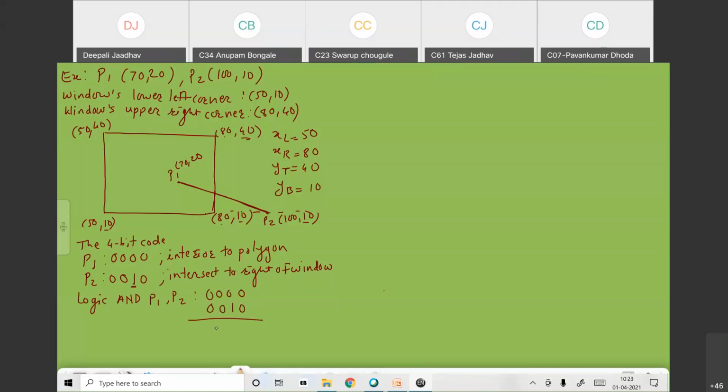When we take its logical AND, it is 0000. So according to this, either the line is totally visible, or it is not visible, or it is partially visible. Here it is partially visible.